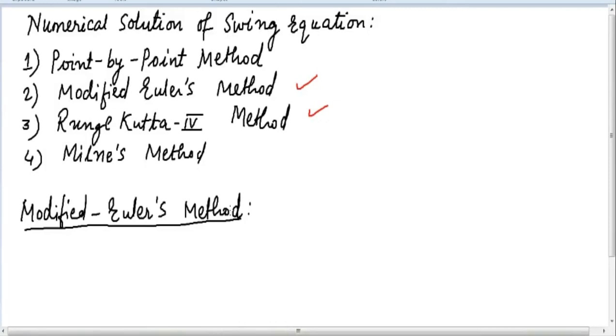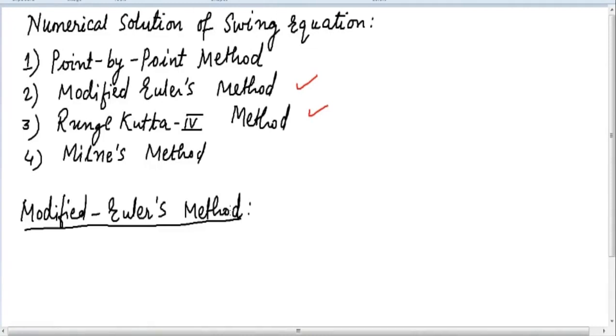Because we would like to have the algorithm of the modified Euler method. What are the various steps that we have to follow in order to get the solution of the swing equation?